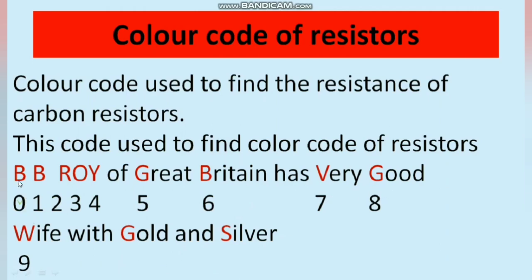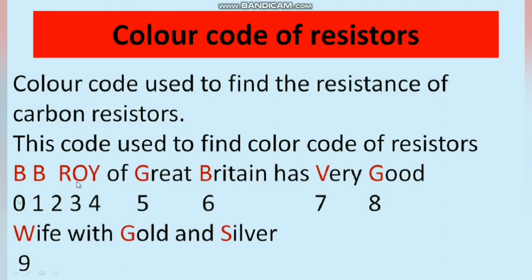In this, there are some letters that are capital and in red color, and they indicate certain colors. For each color, we assign a certain digit. Look here: the BB Roy of Great Britain has a very good wife with gold and silver. The first B indicates black, and it is allotted the digit 0. The second one is brown, allotted 1.